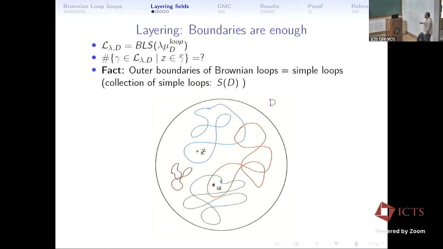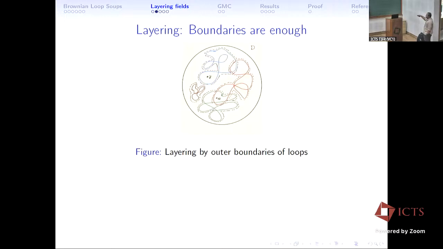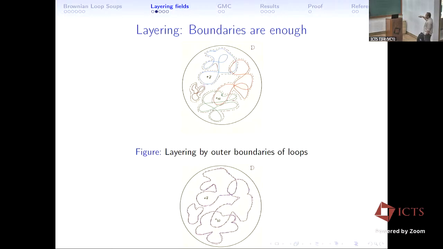The point is that because Z and W are inside the hull of the loop, I can draw the outer boundary of the loop, and I can only focus on the outer boundaries of the loop. I hope this is clear.